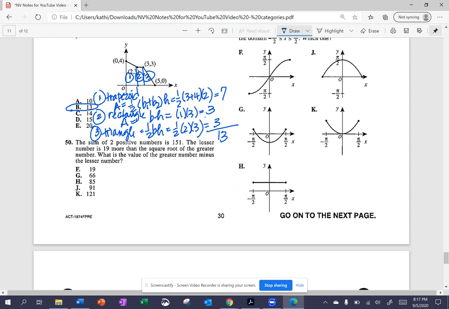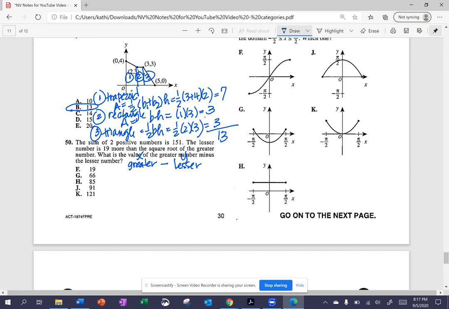Okay, so I'm going to list my greater number as x, and my lesser number as y. Okay, so I want to know what is greater minus lesser.